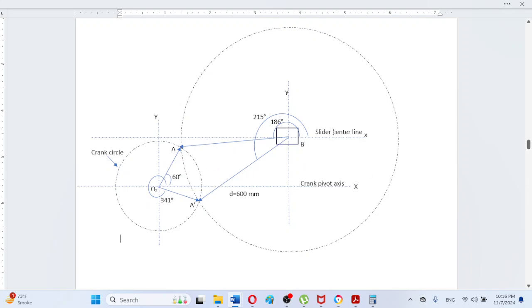So in this way I have stated that we will be taking the center at the point B at the slider location, and we will be opening the compass equal to the radius of the connecting rod, which is the scalar length of the connecting rod, and that circle will be intersecting this crank circle at two locations, and these angles will be measured with the help of a protractor.